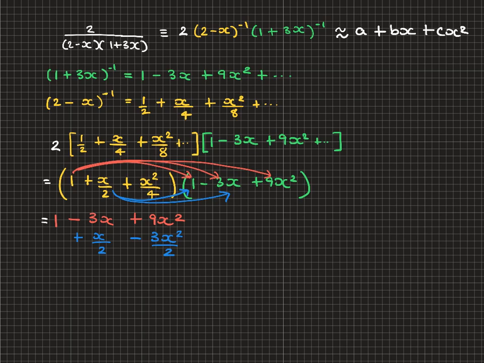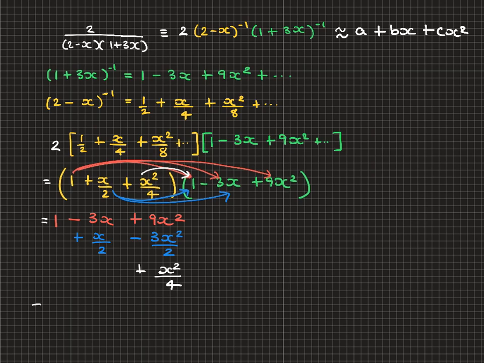And I'm not going to bother multiplying the x over 2 by the 9x squared because that will give me a term in x cubed, and I don't need any terms in x cubed, so I'm going to ignore that. And then the last one, the only multiplication I have to do is x squared over 4 multiplied by 1, because any further multiplication will give me terms in x cubed and higher, which I don't need.